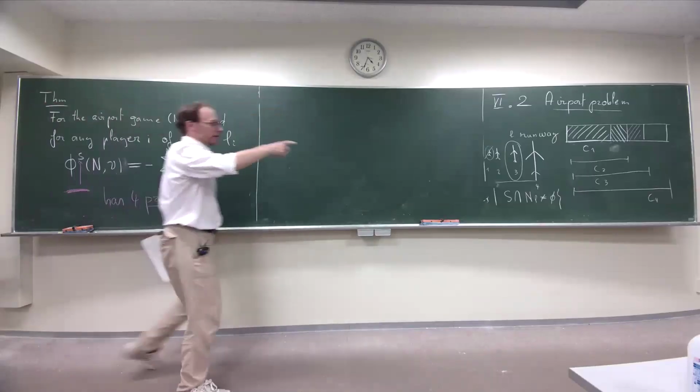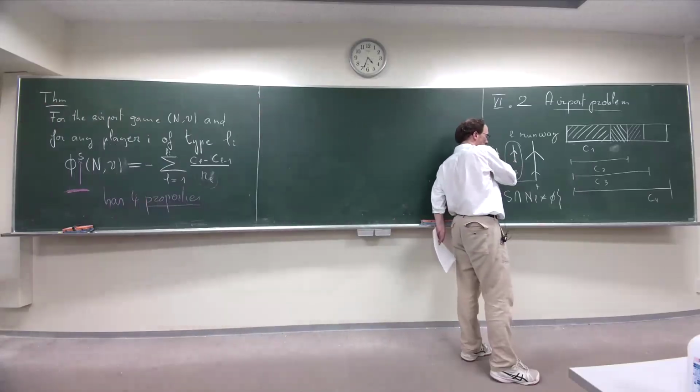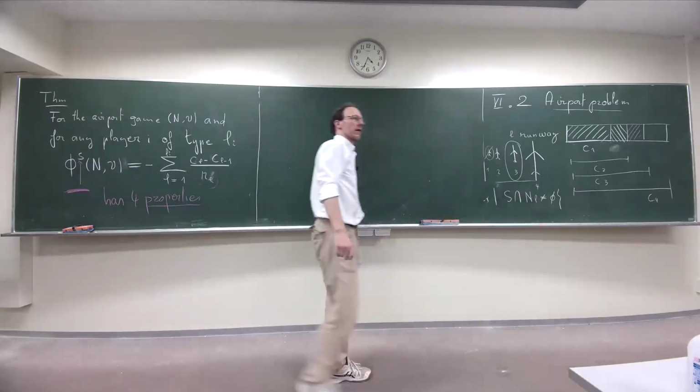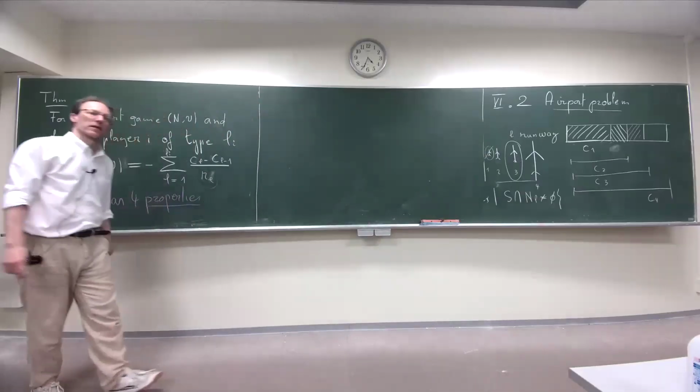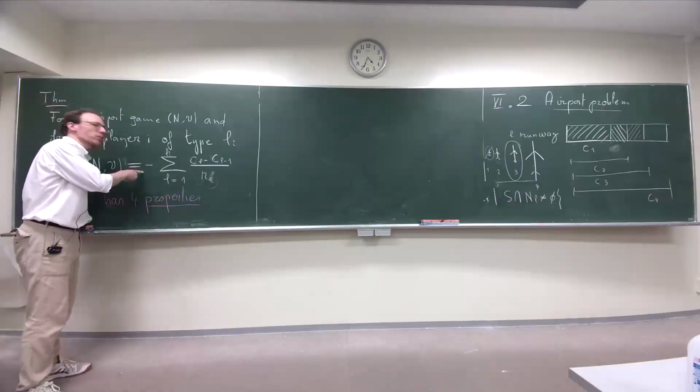Bigger than, so if L is 2, it's the number of takeoffs and landings of planes of this type, and this. So it's in the denominator, but if a player makes more movements, shouldn't they pay more? Yeah, but each time, this is per movement.